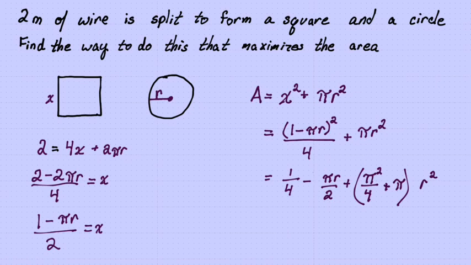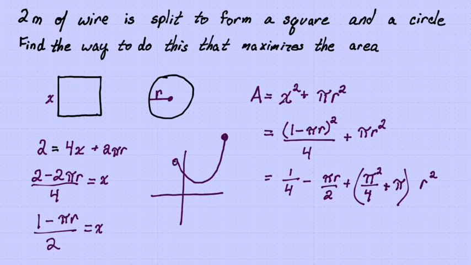All right. So at this point, this is an upward facing parabola, right? The leading coefficient is hideous, but it's positive, right? So the graph of the area is going to look something like this.